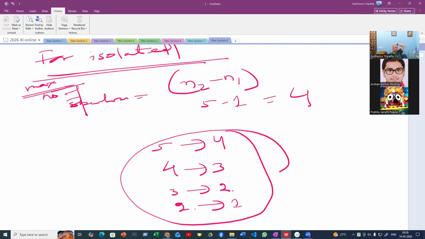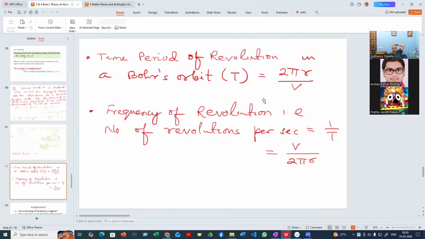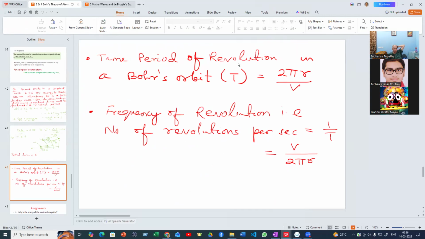No sir. One more thing I am giving you, this file, you will find in many places. In any Bohr orbit, what is the time period of one revolution or rotation in an orbit? What is the time? So that is equal to the total path, the circumference of the circular path, 2 pi r, by velocity, because velocity is equal to distance by time, so time is equal to total distance by velocity. So this is 2 pi r by v, and you know the frequency is the reciprocal of the time period.